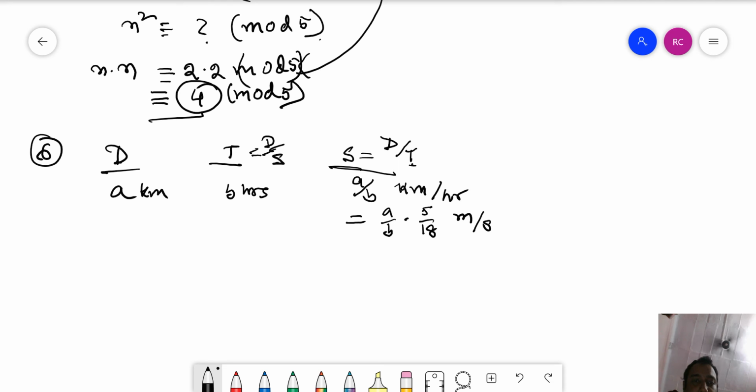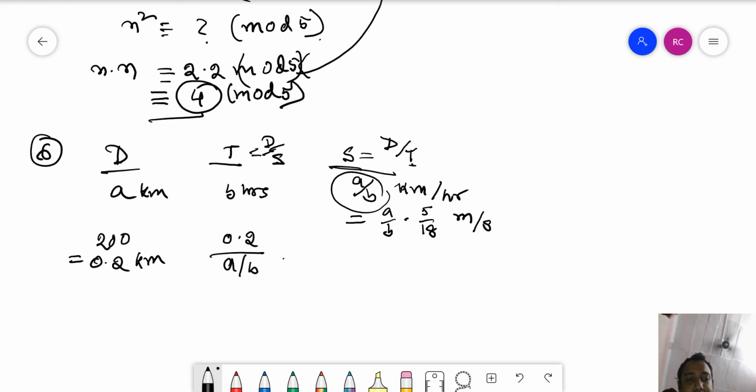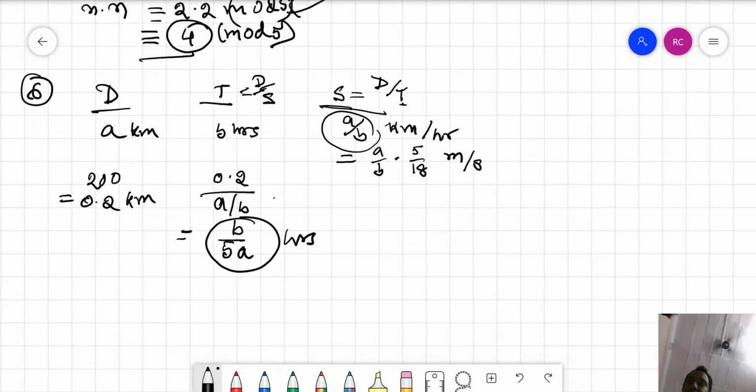So what we do is we plug in 200 meters or 0.2 kilometers, and we find d by s. So d is 0.2 and s is a by b. So we get b by 5a hours as the answer.